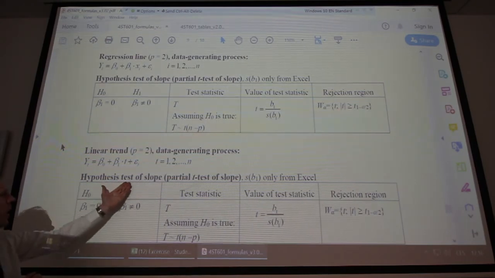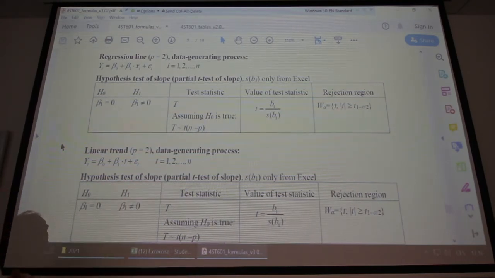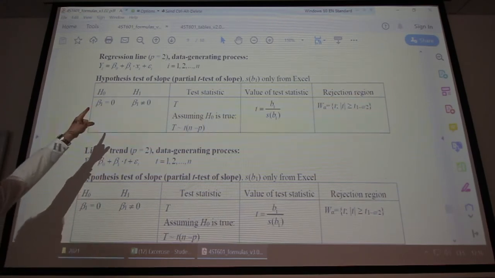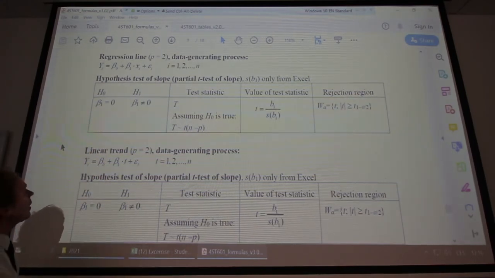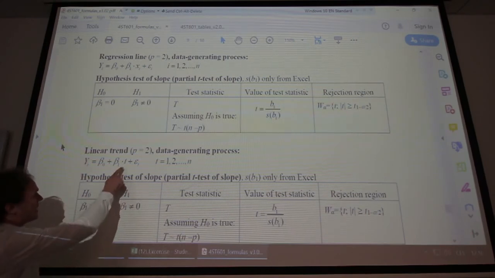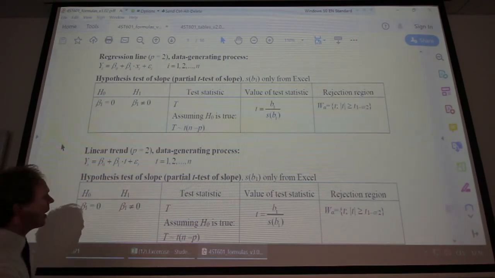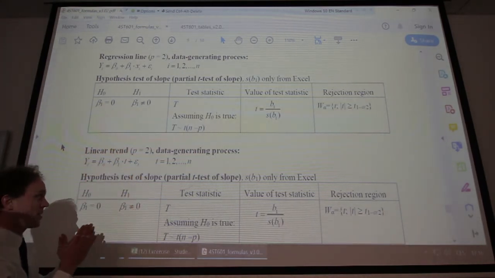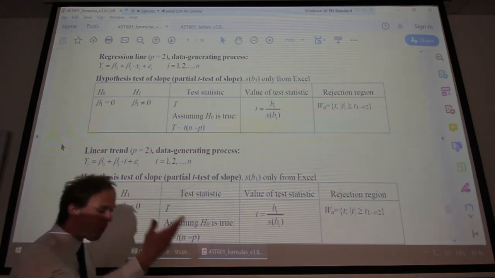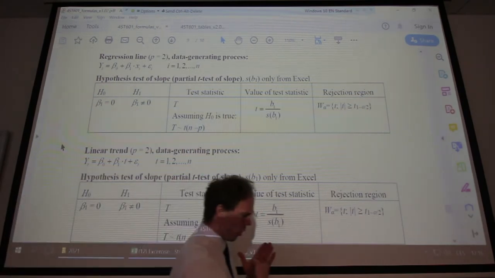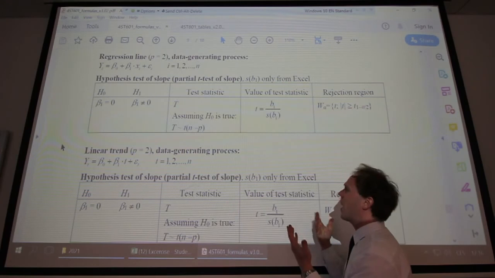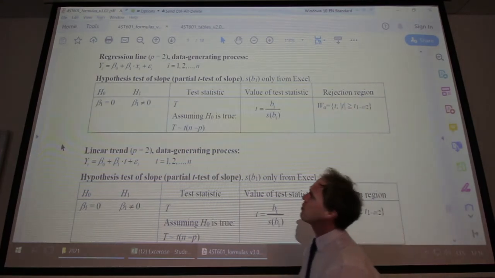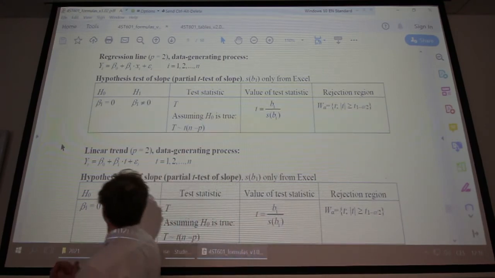There is again a hypothesis test of slope, partial t-test of slope, but the only difference is that we have the x variable in the first table and the t, like a time variable, in the second table. But everything is the same. The slope is the slope. So we will estimate the parameters in Excel, and after that we will use this hypothesis test.